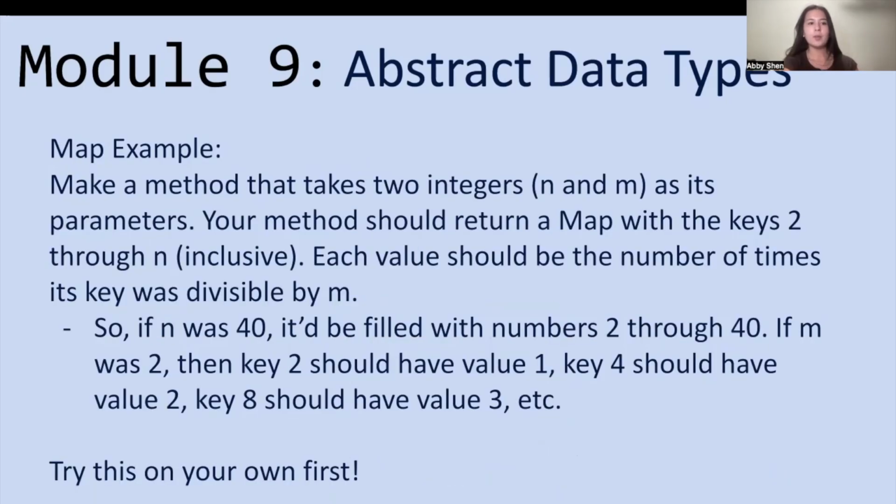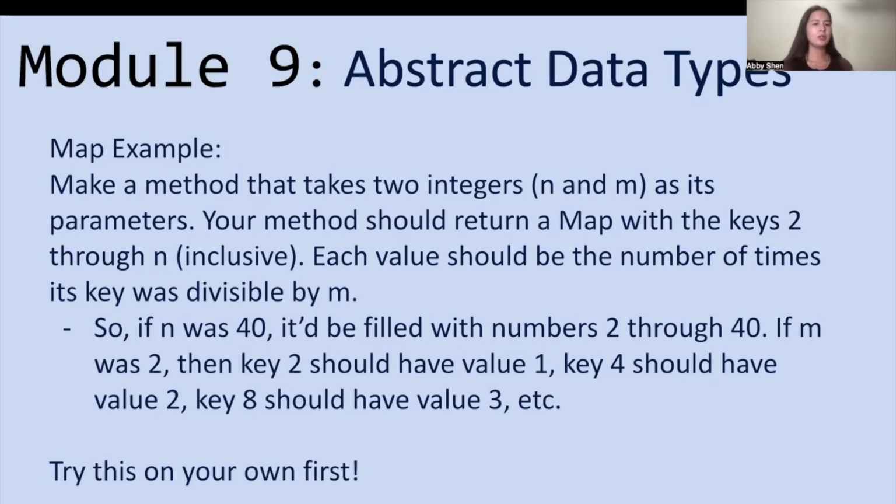So now we're going to give you a map example to work out on your own. We want to make a method that takes two integers, n and m, as its parameters. Your method should return a map with the keys 2 through n inclusive. Each value should be the number of times its key was divisible by m. So if n was 40, your map would be filled with numbers 2 through 40.